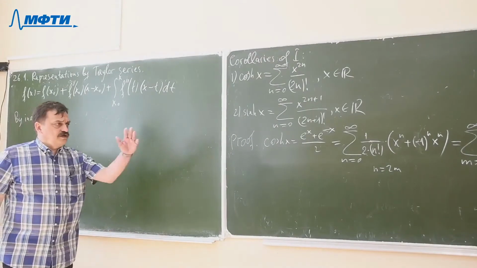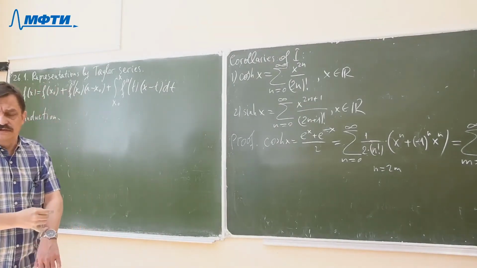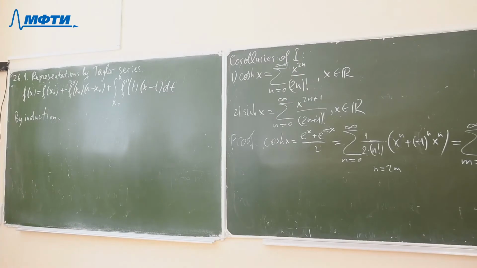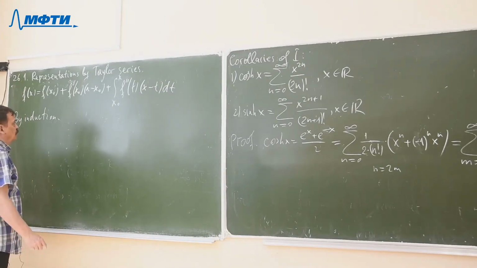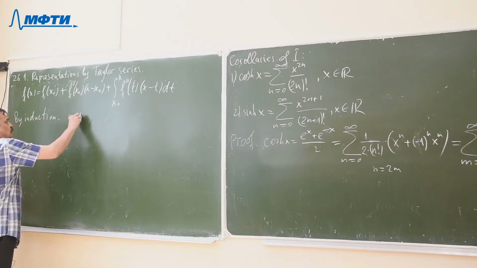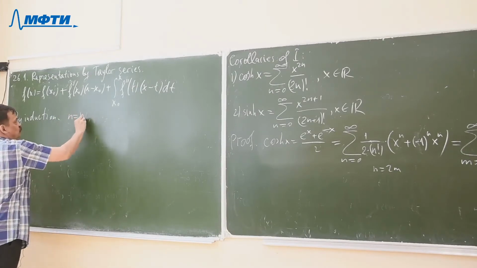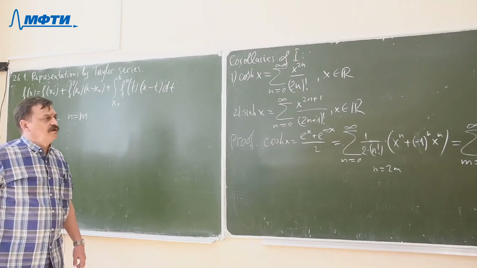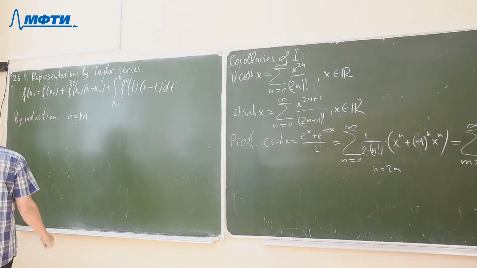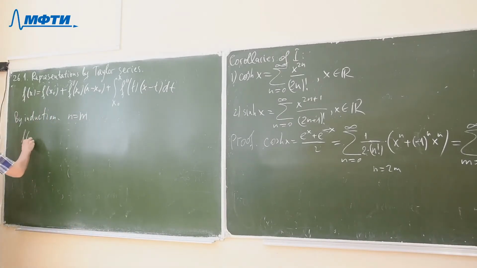N equals to 1 we have made. So okay, let us suppose we have proved. So it means I have the following formula.